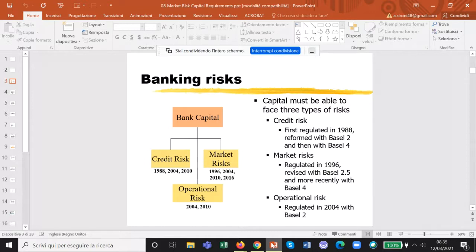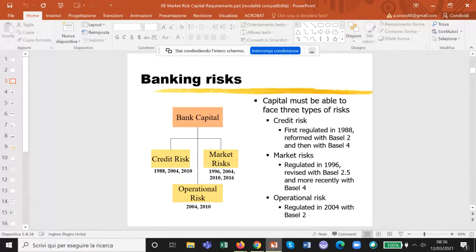Okay, the credit risk capital requirements have then been significantly changed, first with Basel II in 2004, and then more recently with Basel III and Basel IV. And we'll talk about that in the second part of the course.